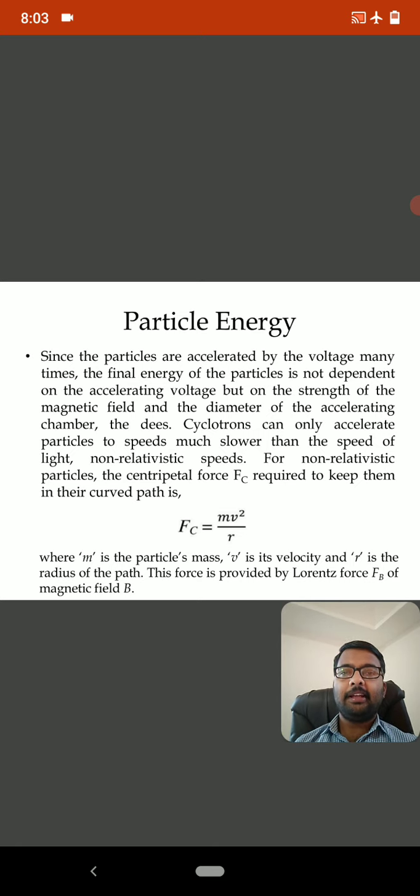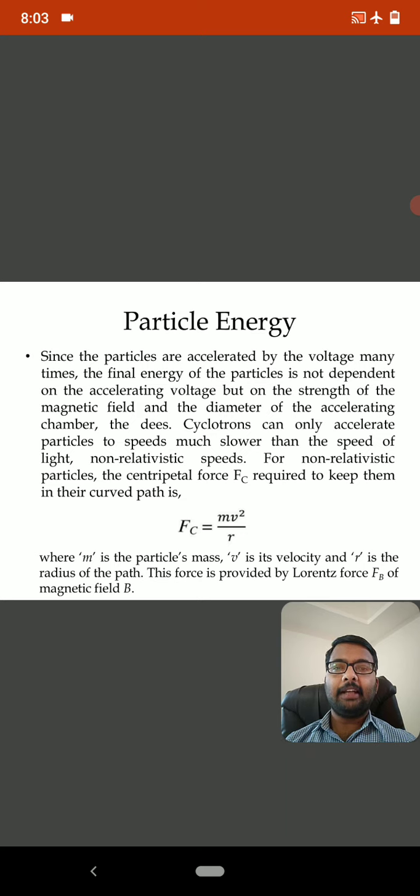So that is the particle energy. Since the particles are accelerated by the voltage many times, the final energy of the particles is not dependent on the accelerating voltage, but on the strength of the magnetic field and the diameter of the accelerating chamber. In this cyclotron accelerator, the accelerating chamber is the Ds, that is 2 electrodes, Ds.